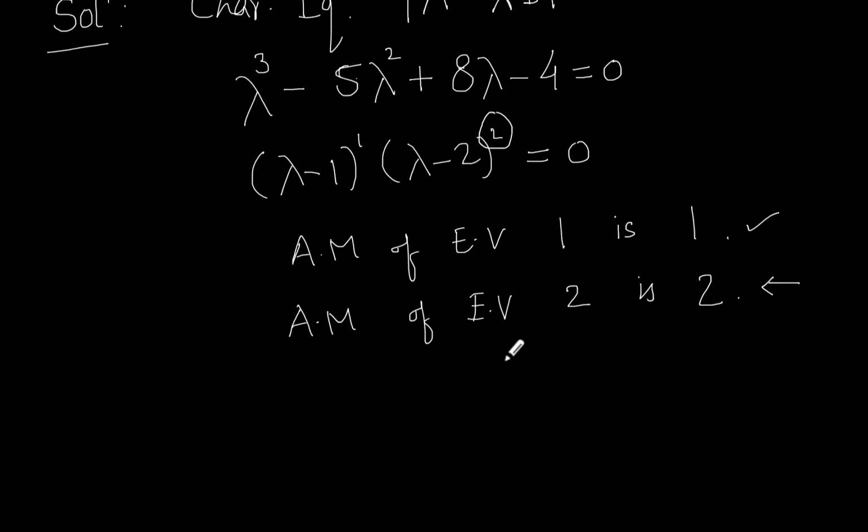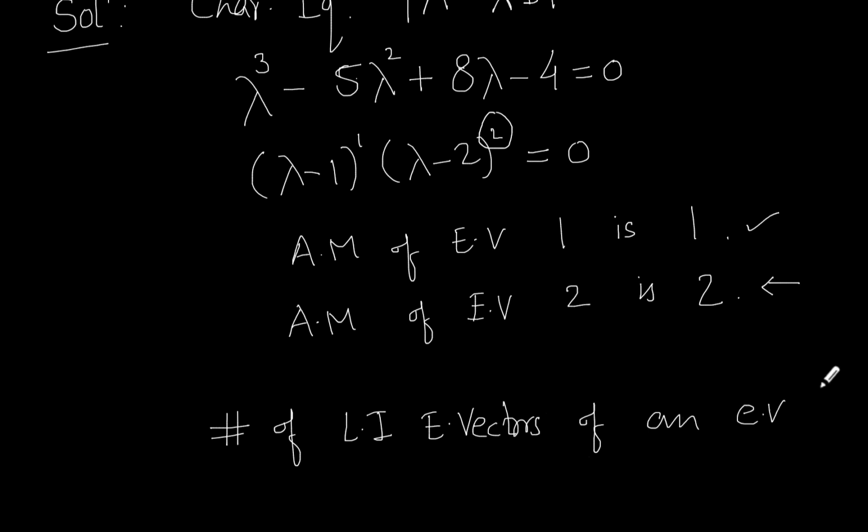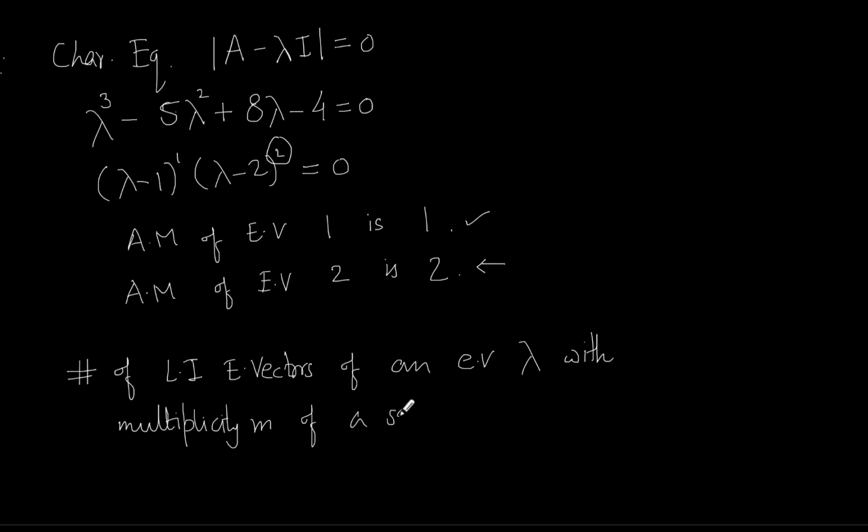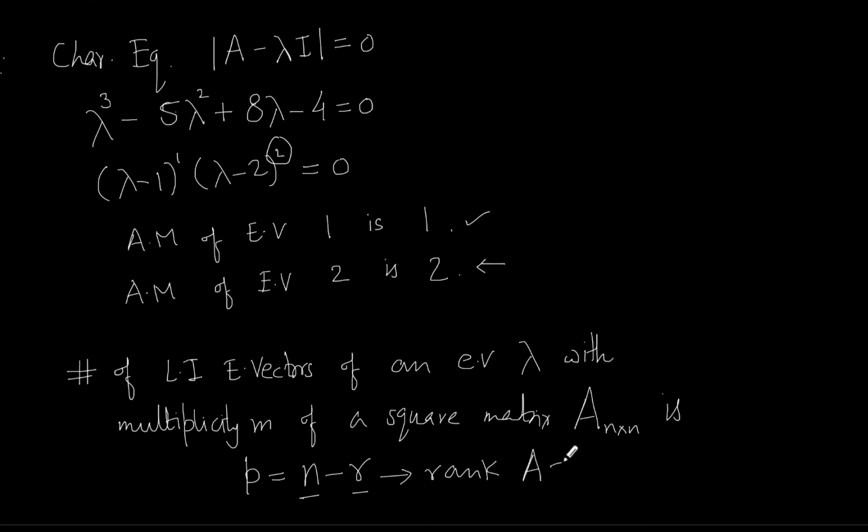So we will find the rank of the matrix, because we are going to use the result that the number of linearly independent eigenvectors of an eigenvalue lambda with multiplicity m of a square matrix A of order n is given by p equal to n minus r, where n is the order of the matrix and r is the rank of the matrix A minus lambda I.